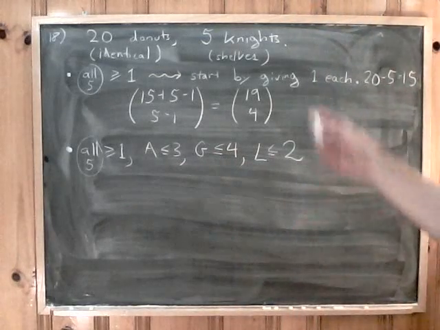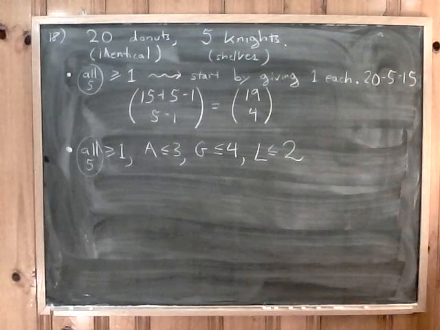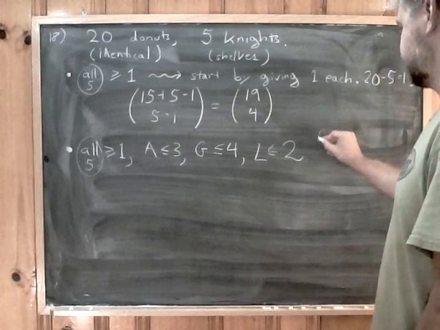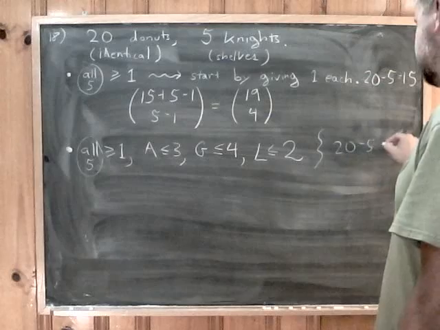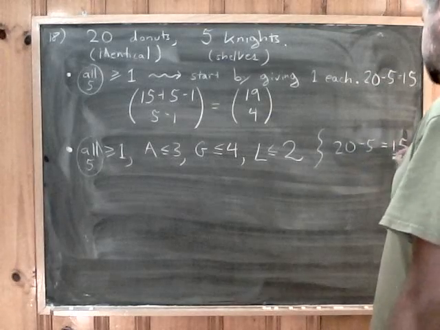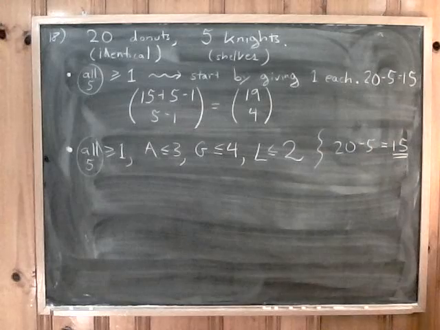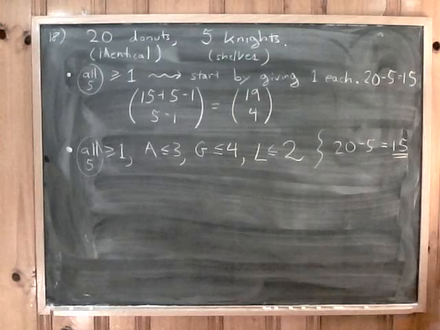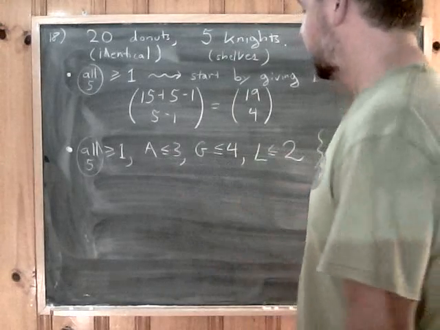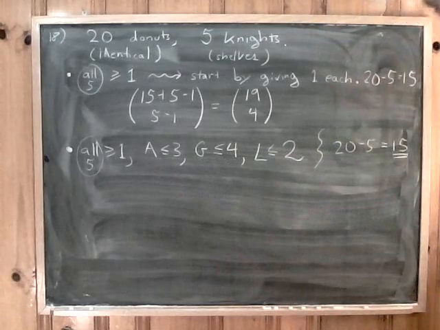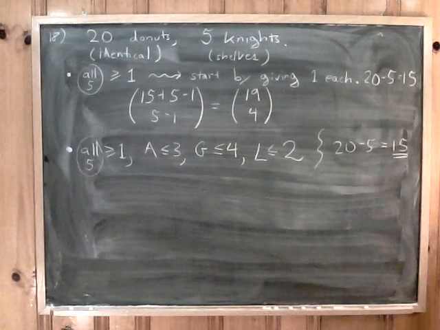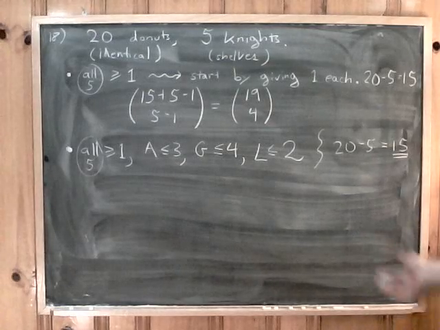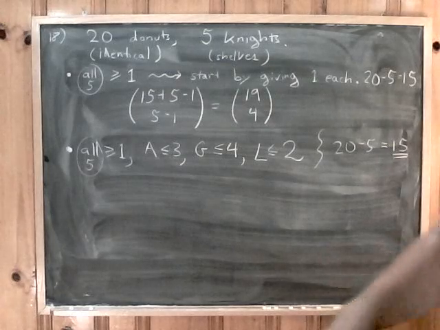So we'll start out with the previous problem. We already worked that out. Since they're all greater than or equal to 1, we'll still have 20 minus 5 equals 15. So we'll work with 15 all the way through. The other tricky part of the bookkeeping is that when, for instance, Arthur has to have less than or equal to 3, since he already has 1, we won't want to give him any more than 2 on top of that 1.